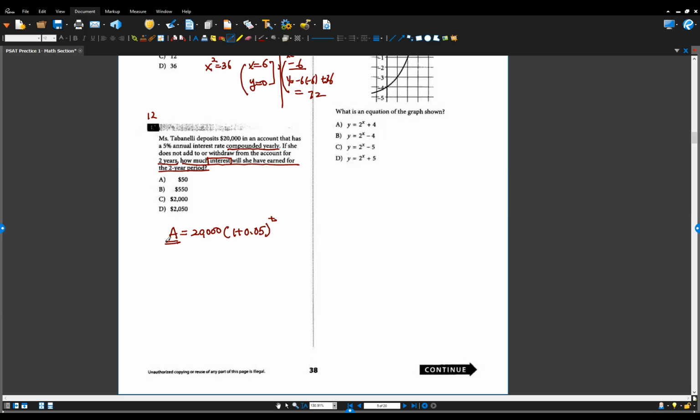It's 2 years, so t is 2 now. Find the value of A. This is section 3, so we can't use a calculator.